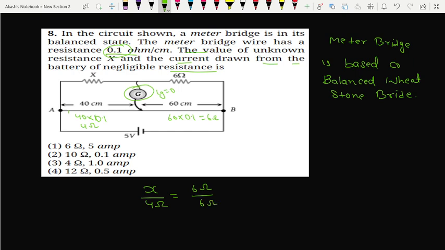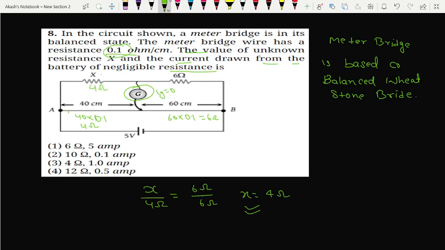So we get X is equal to 4 ohm. Sorry for the mistake, X is equal to 4 ohm. The value of the unknown resistance is 4 ohm.